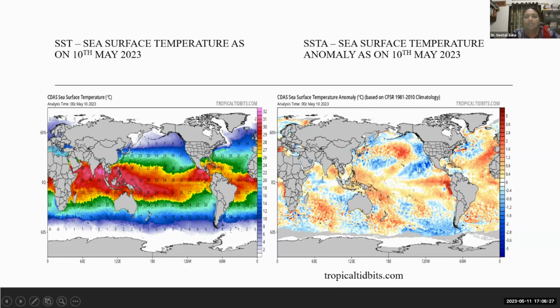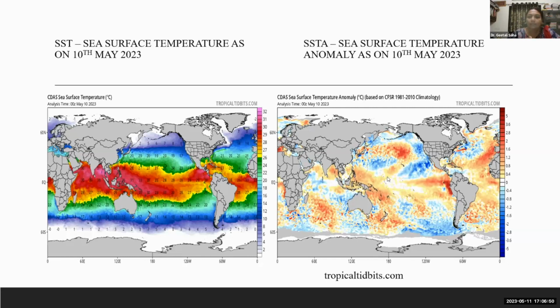If you look at the image on the right-hand side, we have the SST anomaly, that means the deviation from the mean value. In most cases, the mean value is calculated based on a previous 10-year or 15-year benchmark.